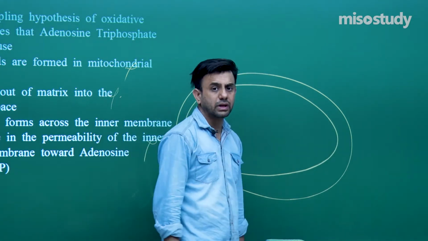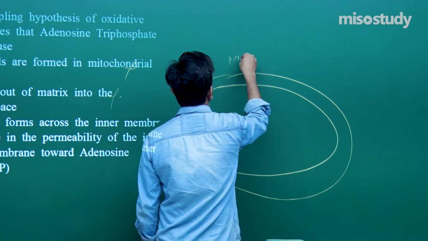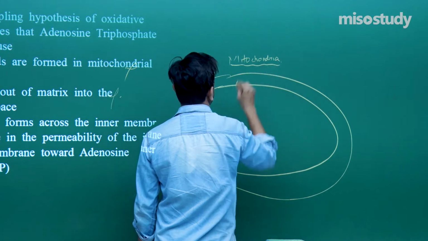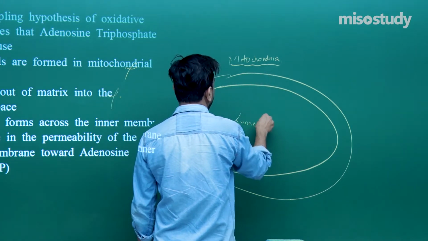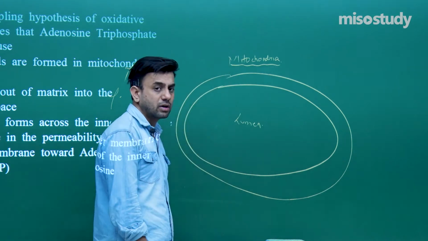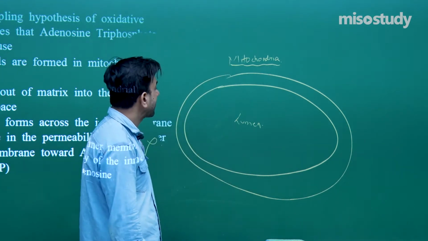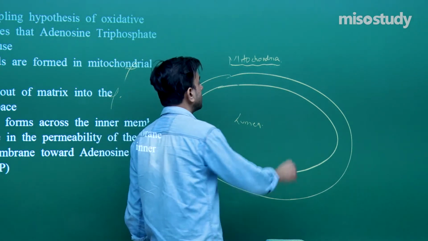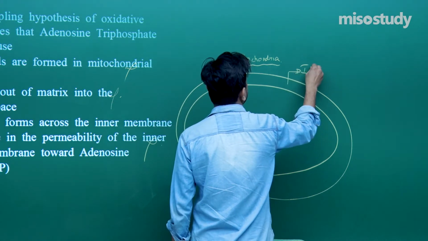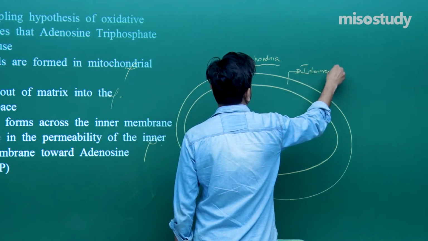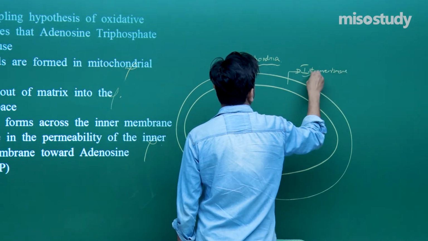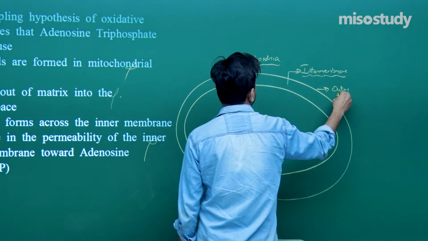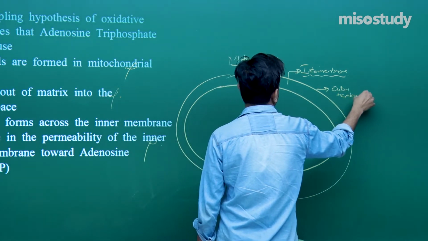This is the mitochondria, and this is the lumen of the mitochondria, one of the organelles of the cell. This is the outer membrane and the inner membrane, and this is the intermembrane region.